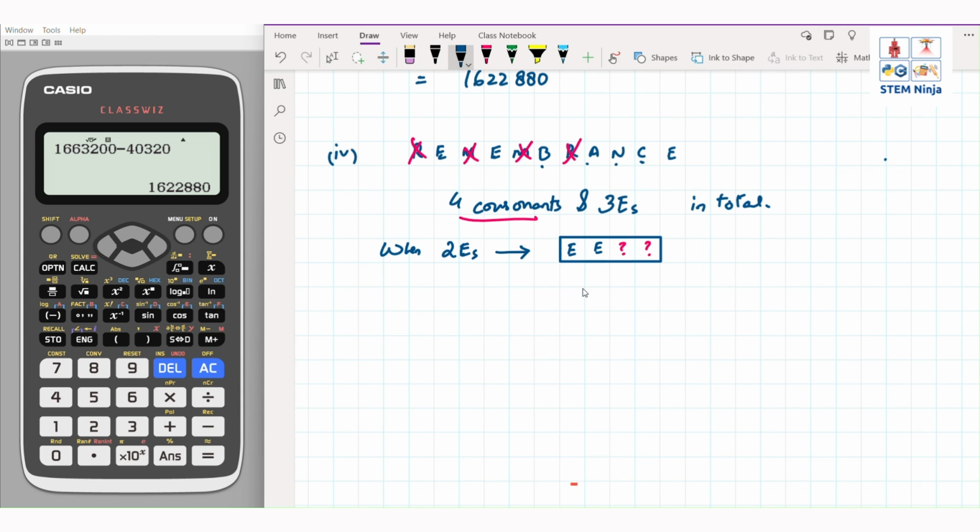So we could have different combinations over here. 4 consonants are B, N, and C. So basically we could have 4C2 simply, right? We just need to have any 2 consonants out of the 4. Similarly, when 3 E's are selected, so the same thing basically.